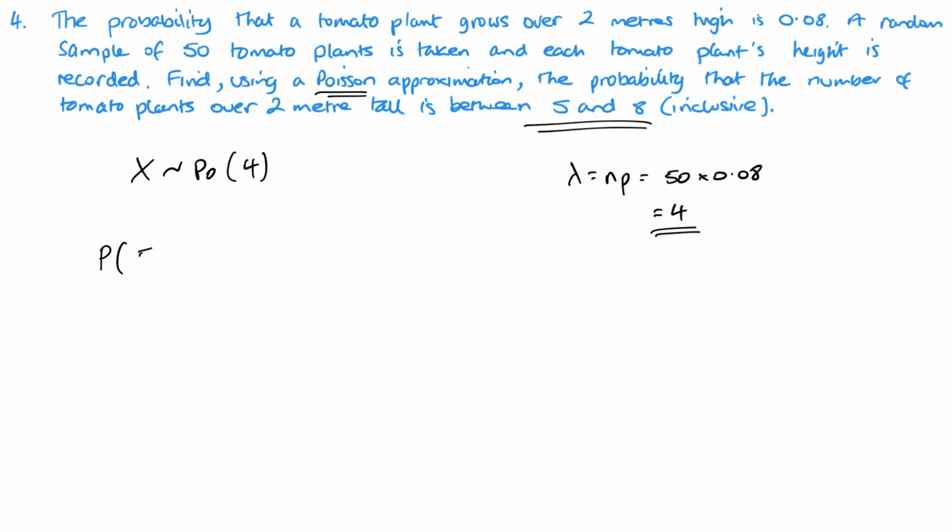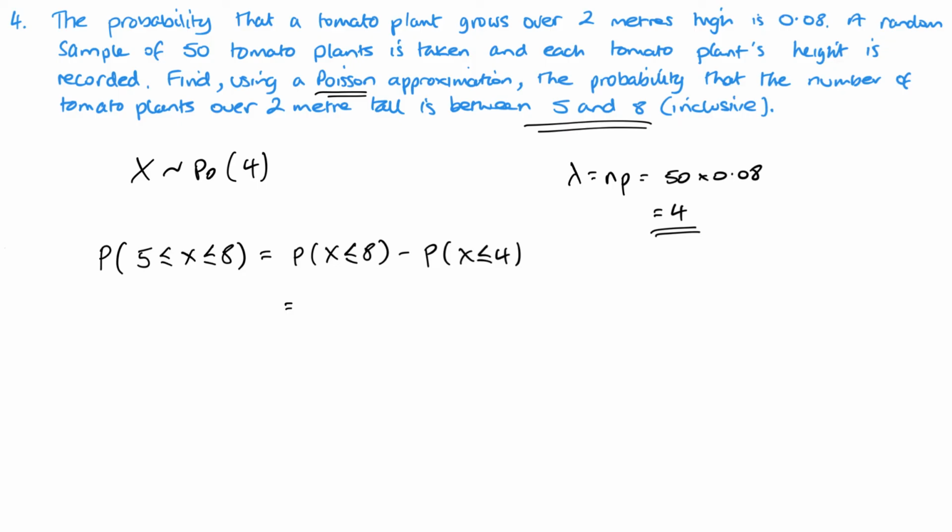So it's between 5 and 8 inclusive, so it includes 5 and 8. So this is going to be the probability where x is less than or equal to 8 minus the probability when x is less than or equal to 4. Because obviously we want to get rid of 4 and below, and that will leave me everything between 5 and 8, including those values.